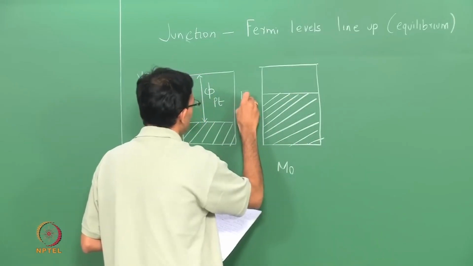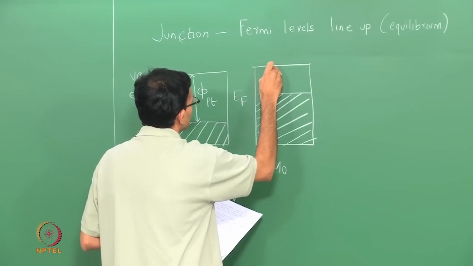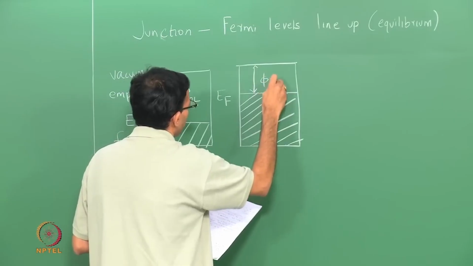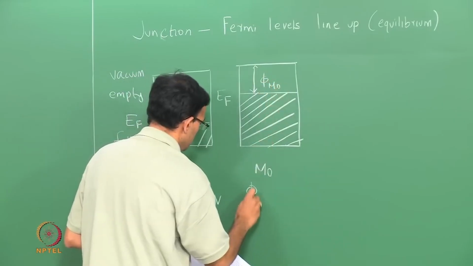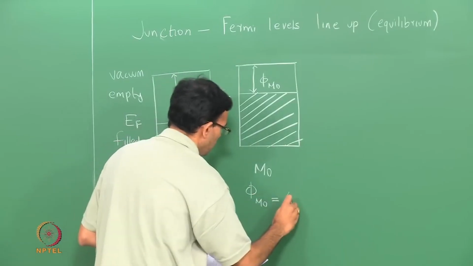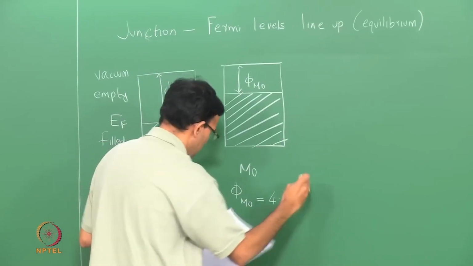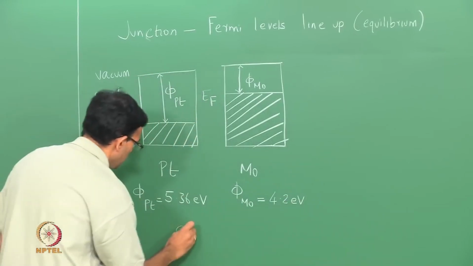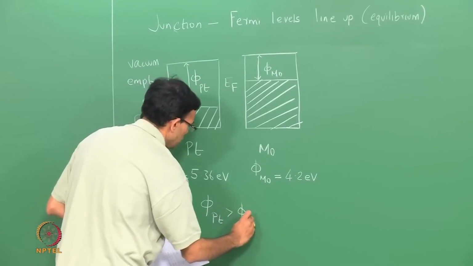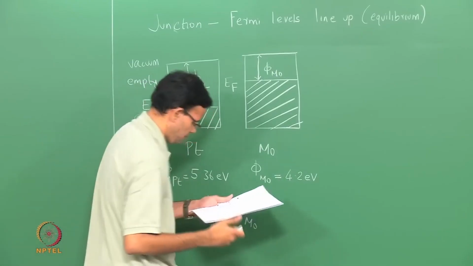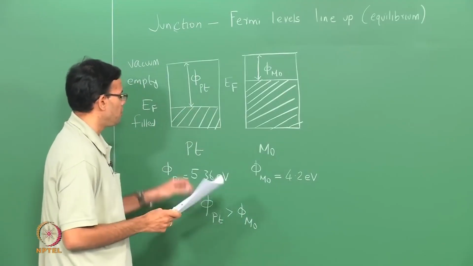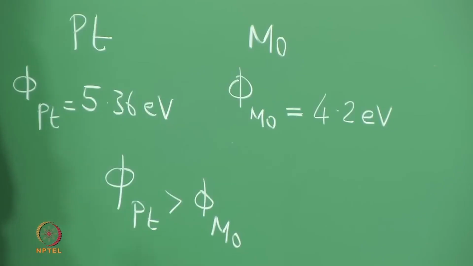Once again this is EF, this is phi of moly. The work function of molybdenum is 4.2 electron volts. So, here we see that platinum has a higher work function than moly.